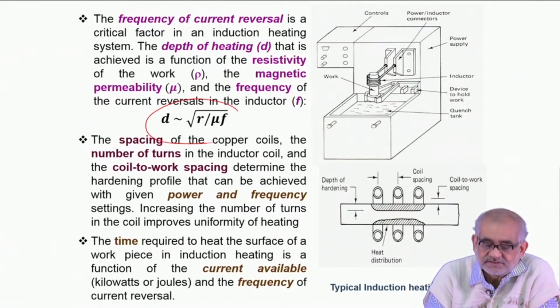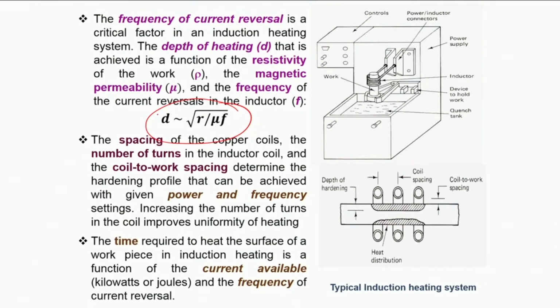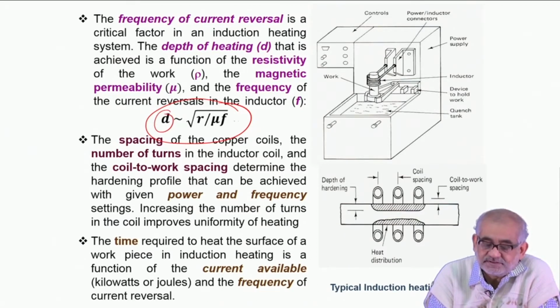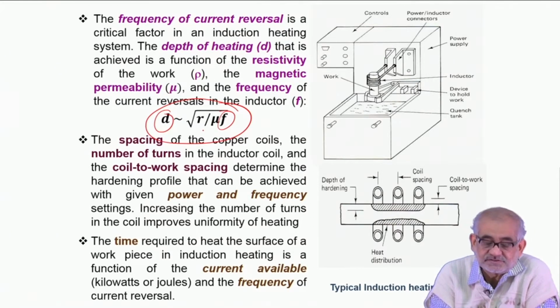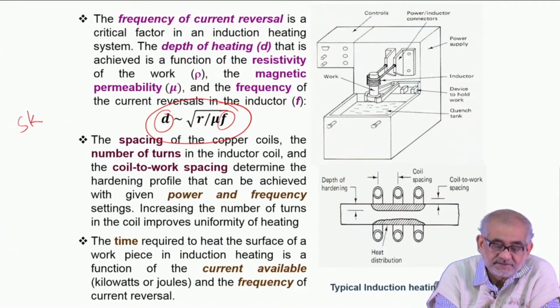This is the relationship I was referring to, and because of this the depth is inversely proportional to the square root of the frequency, and this is what leads to what is typically referred to in the literature as the skin effect.